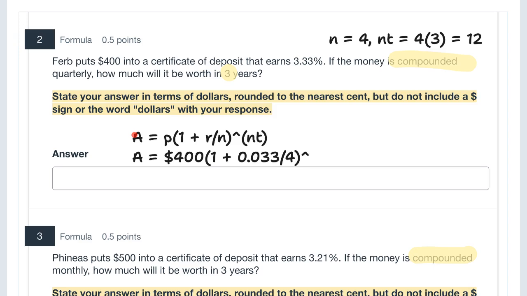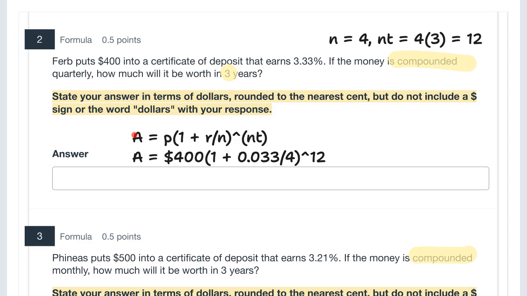And then my exponent is going to be 12. Grab our calculator. If you remember from the last section that we did, this is going to be exponential growth because the growth factor there is going to be a little over 1.